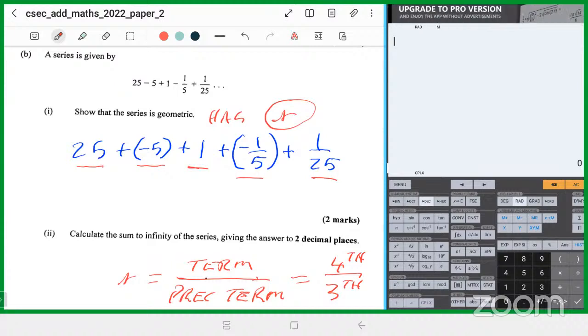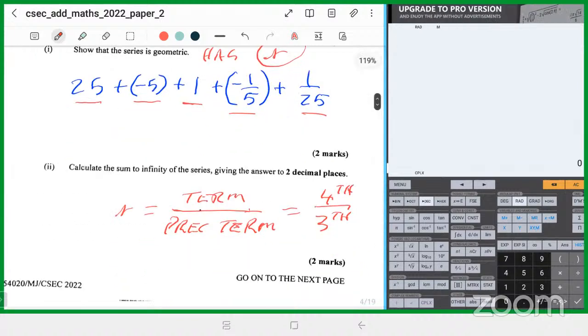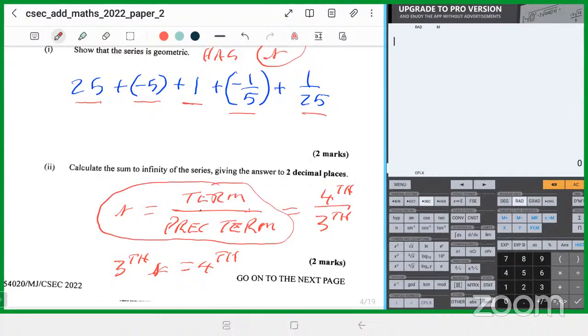Why is that? Because we take the third term and multiply it by R to get the fourth term. So this will always tell you what the common ratio is if it is geometric.